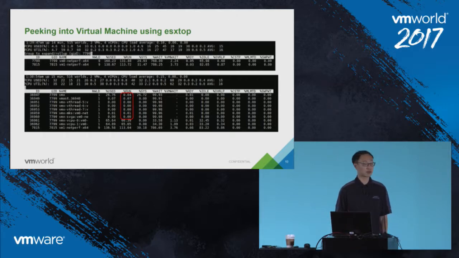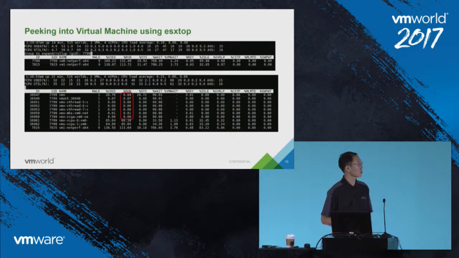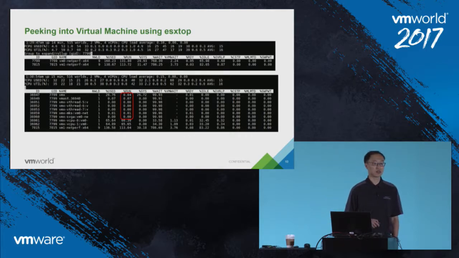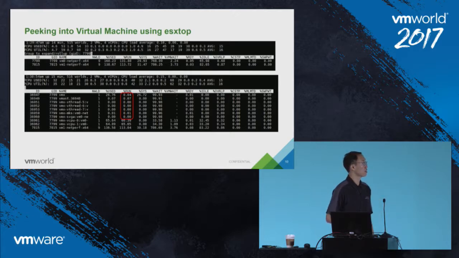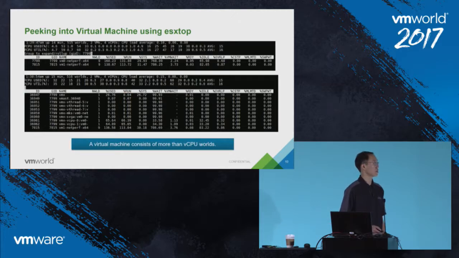Should I be worried about them consuming too much CPU time? Well, not really, because these threads are just sitting there in case something needs to be done. But most of the time, their runtime is not very significant. So the key takeaway here is that a virtual machine consists of more than just the two vCPU worlds. It has all other threads as well.